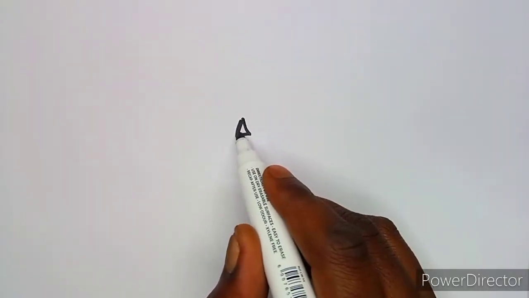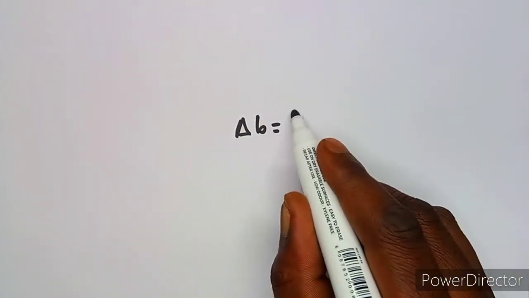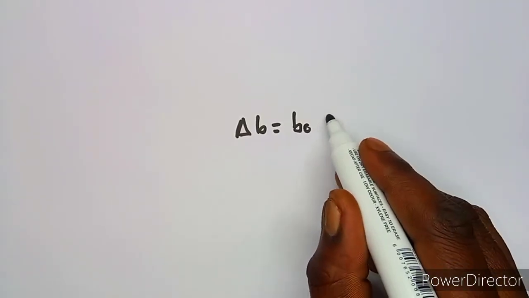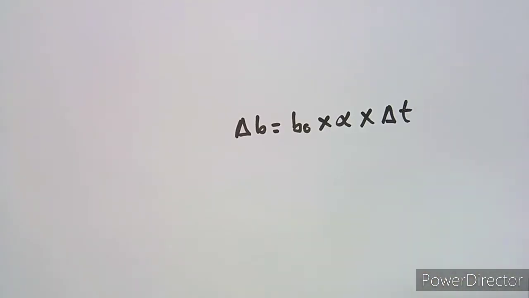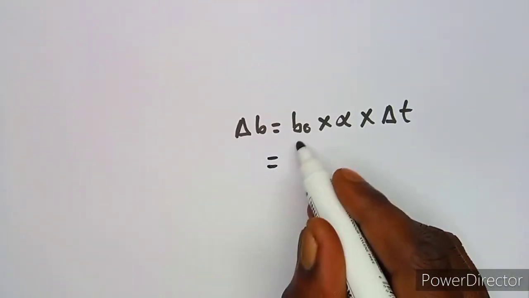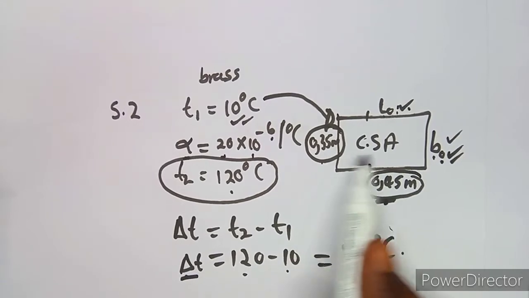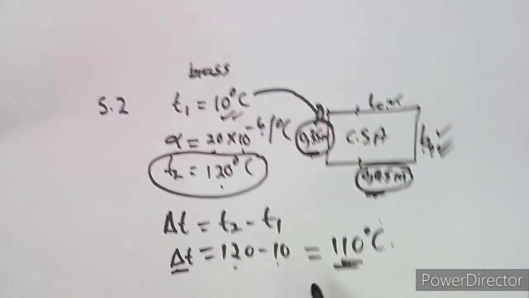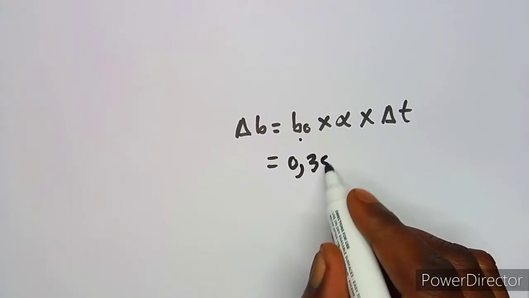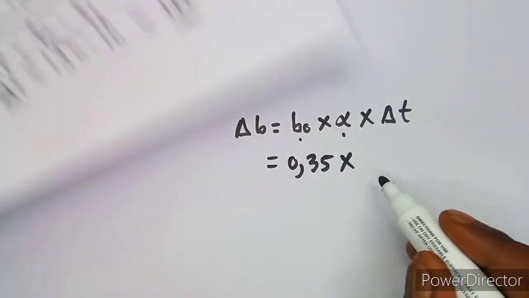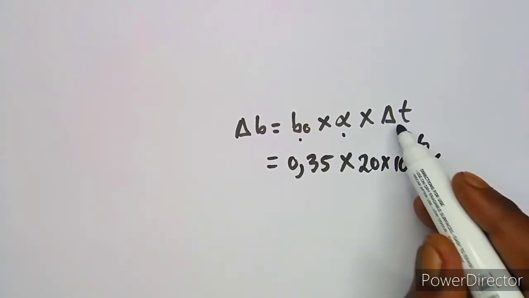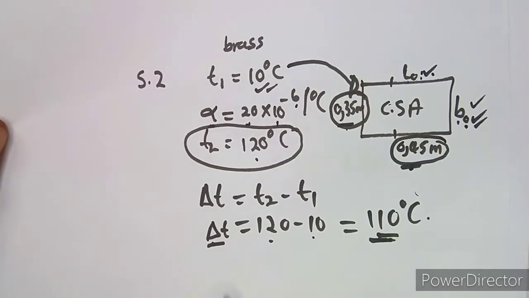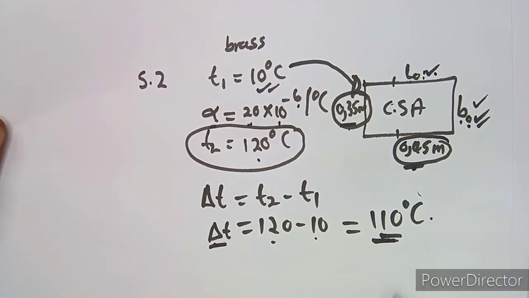So we are going to find the change in breadth first, which is the original breadth times alpha times the change in t. This alpha is the linear coefficient of expansion. The original breadth is 0.35. So you've got 0.35 times the linear expansion, which is 20 times 10 to the power minus 6, times the change in temperature, which is 110.